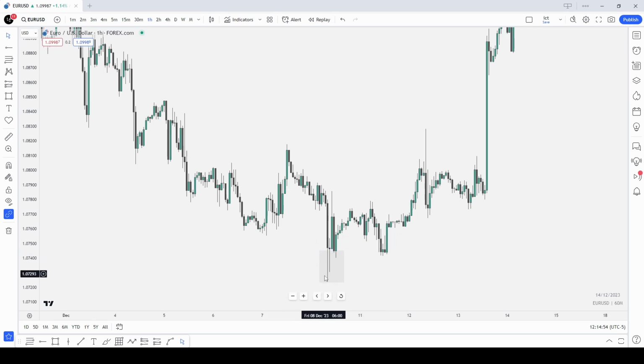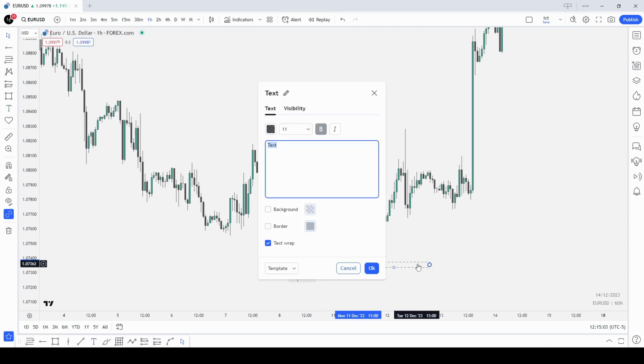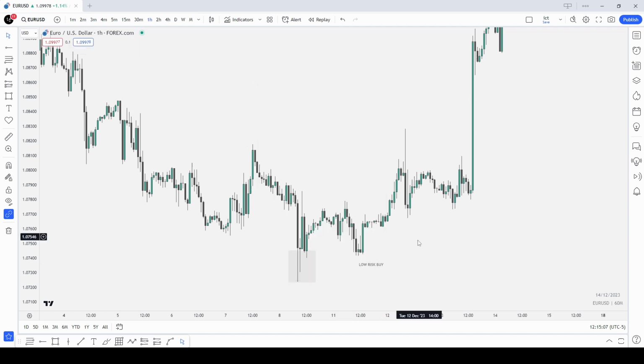Once we come into that discount PD array, we then move up and have another level of distribution. Now this here becomes our low risk buy. Of course, it is a sell on the market maker sell models, but for these examples, we will use the buy model.